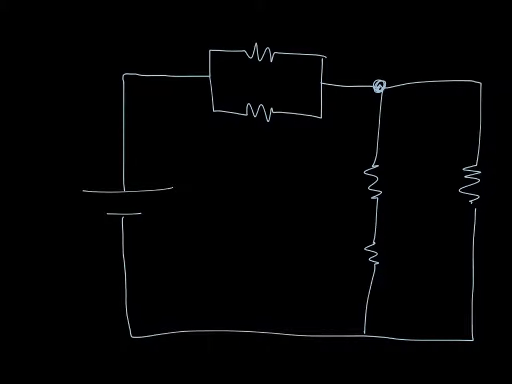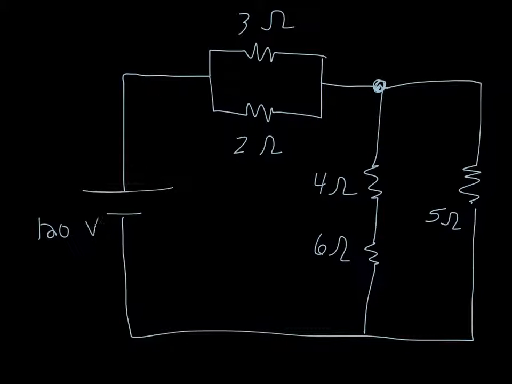And then back. Let's go with values. Let's say this is 2, 3, 4, 5, and 6. Let's say the voltage supplied is an outlet, 120 volts. So let's say this is our setup.